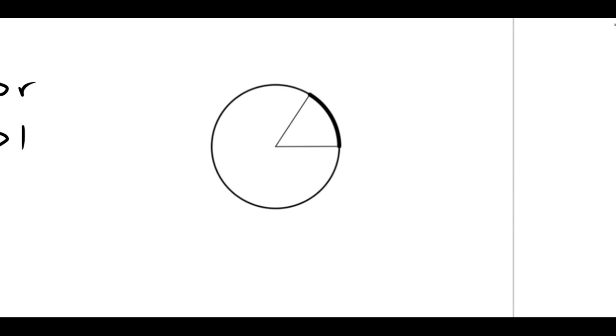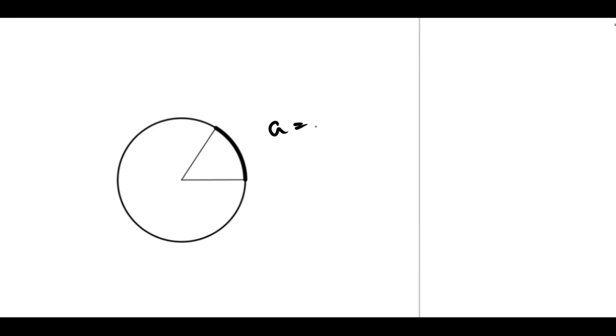whoops, getting ahead of myself here, the arc length is equal to the radius. They are equal. What kind of an angle occurs when that's true? So A over R equals 1. And that, folks, is your definition of a radian.